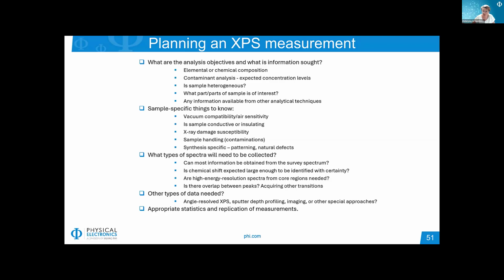And of course, you need to think about appropriate statistical quality of the data and replication of measurements, so you can report the uncertainty of your measurement in a paper or to your customer. I have it as the last, but it's usually the first: to appropriately set up, verify performance, and check the calibration status of the instrument.